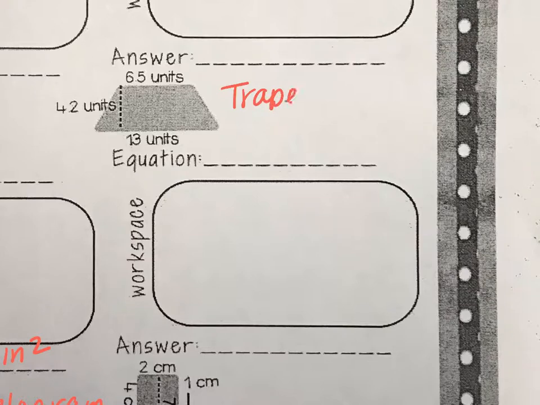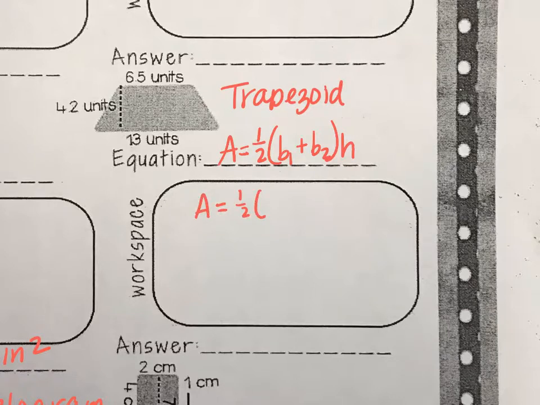Trapezoid. Okay? So the formula for that is area equals 1/2 base 1 plus base 2 times height. It's ugly. That's okay. We're going to put our stuff in. All we got to do is put our formula in. So 1/2. Base 1 is going to be this right here, which is 13 units.